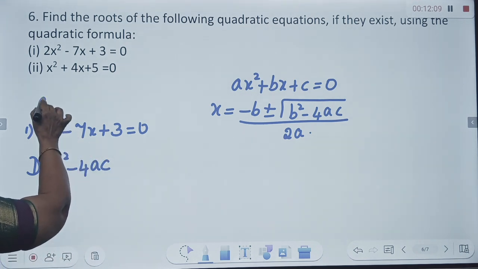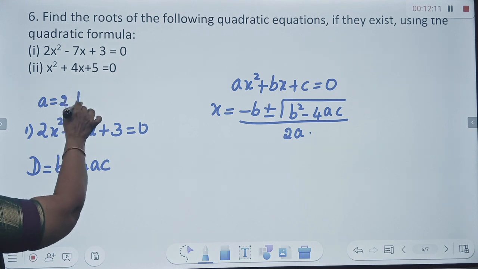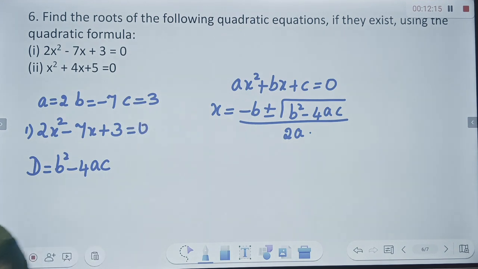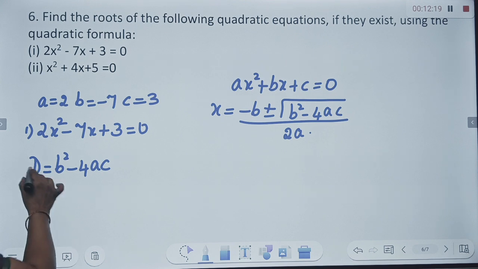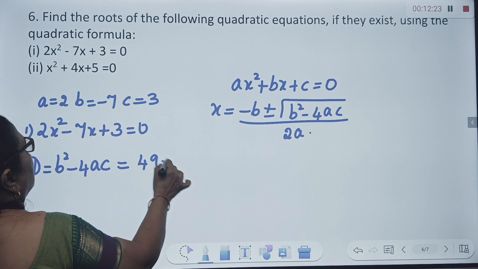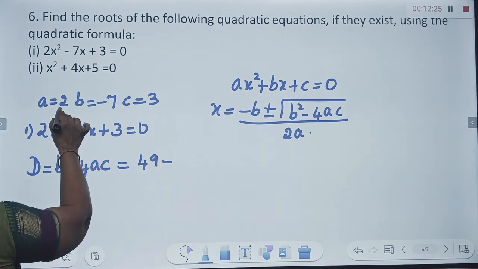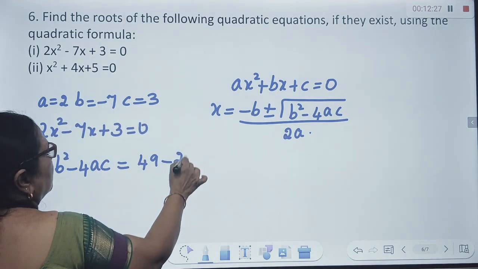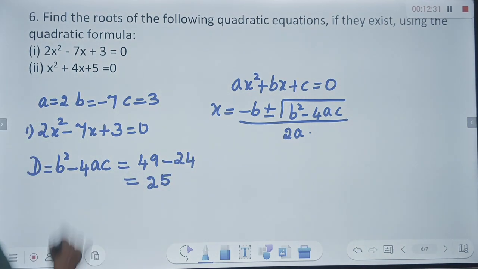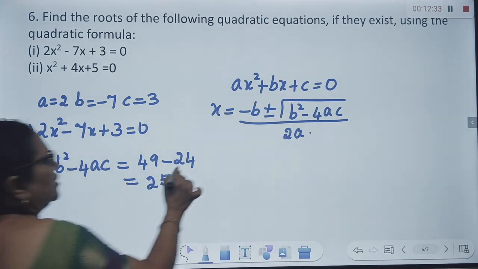The a is 2, b is minus 7, c is 3. The coefficients of x square, x and the constant term. So b square minus 4ac will be 49 minus 4 into 2, 8, 8 into 3, 24, which is 25.